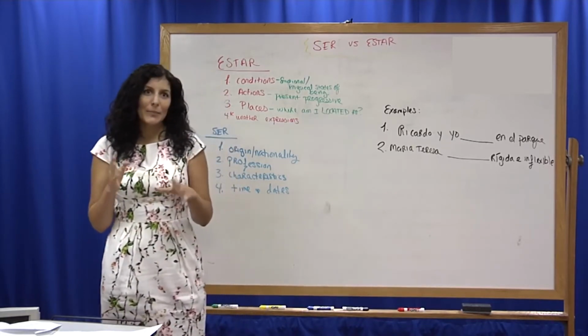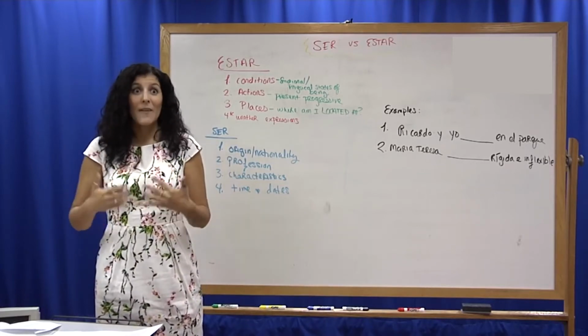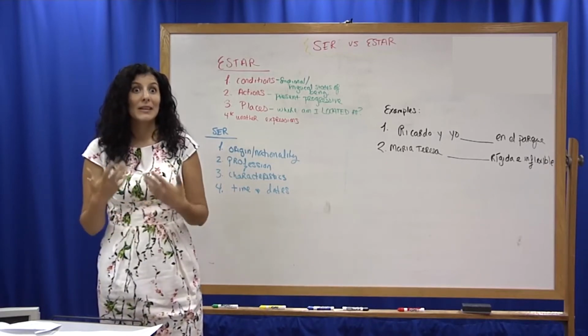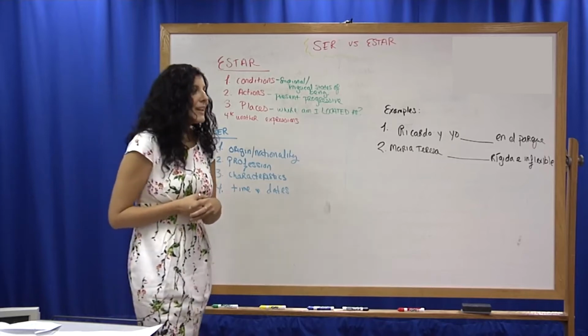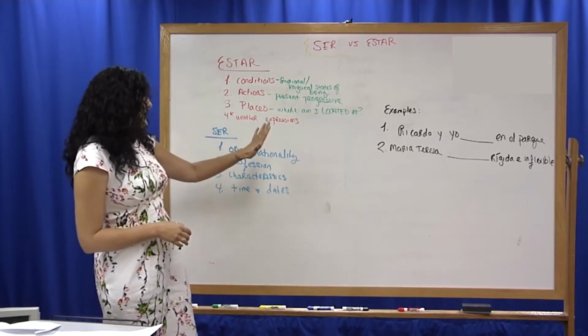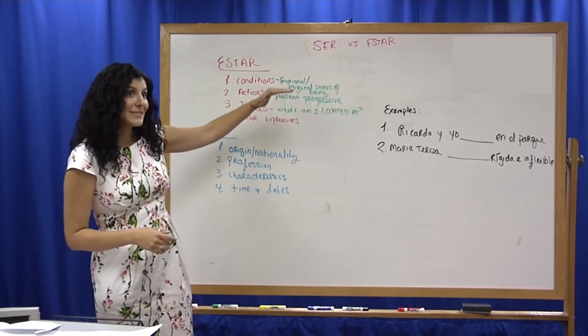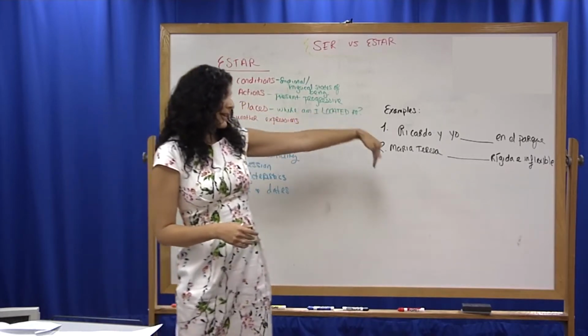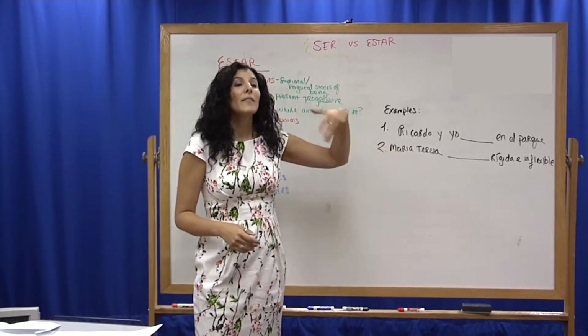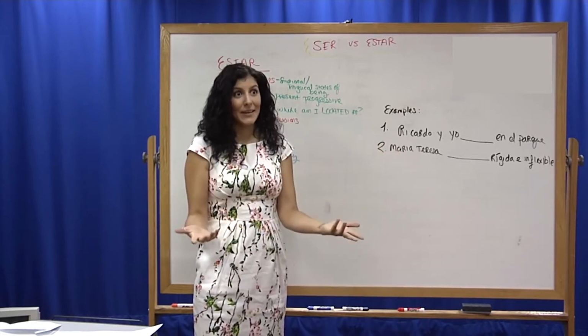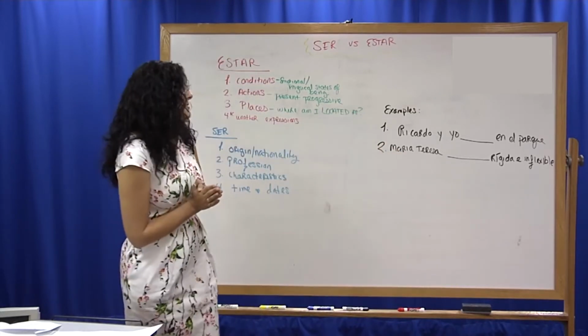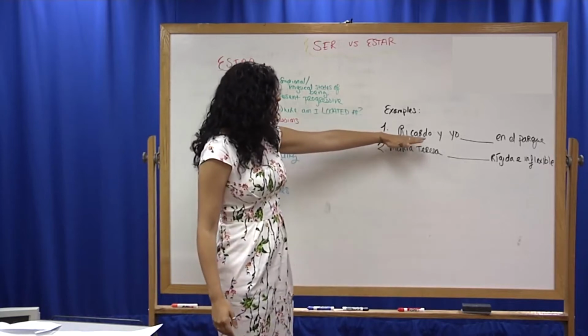So let's look at an example and how we would go about figuring out whether we are going to use ser or estar. Remember I said that it is easier to begin by figuring out whether I would use estar and then progress into whether or not I would need ser. Okay, so how would I do that? Let's take our first example.